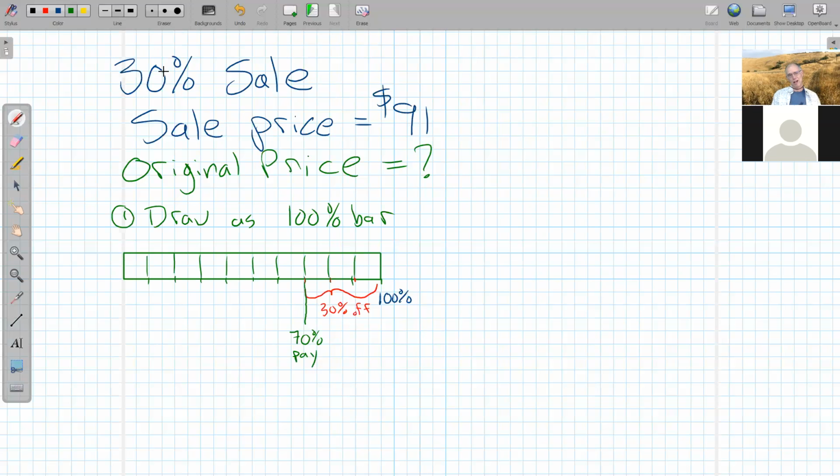If that was 35%, I would split this again into 5% chunks. So the question is, does the $91 go above the 100 or does it go above the 70? Above the 70? Yeah, it goes above the 70. So right up here, I'm going to mark, let's make that bolder. That's my $91.